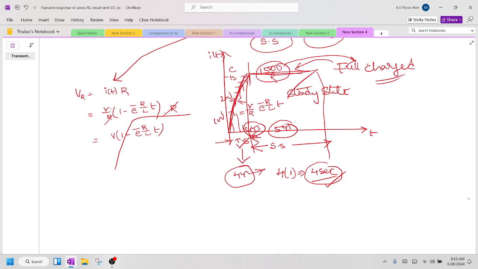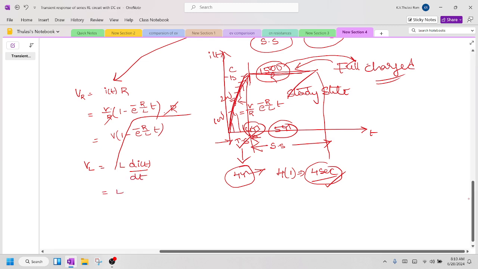Now, similarly, try to find out the voltage across the inductor. The voltage across the inductor is given by the formula V equal to L dI by dt. So let's write down the L, and we are going to differentiate I of t. What is I of t we have got?